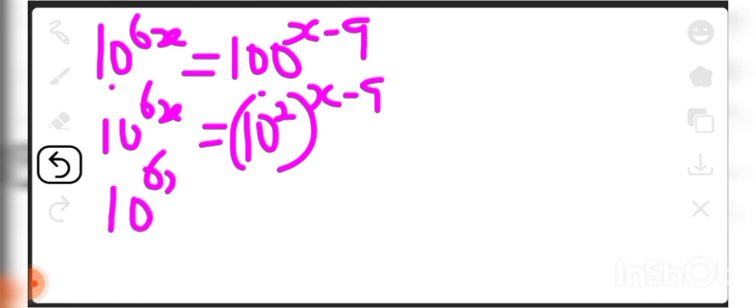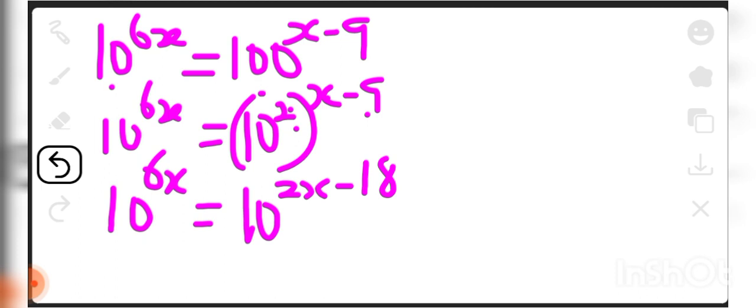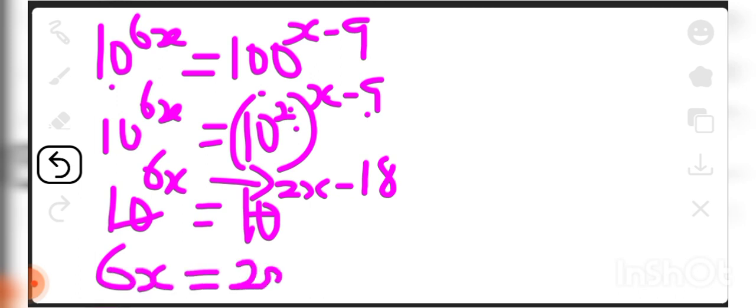So 10 raised to the power 6x is equal to 10 raised to 2 times x, that is 2x, 2 times minus 9, that's minus 18. Then still you just ignore the bases and equate the power. So we have 6x equal to 2x minus 18.